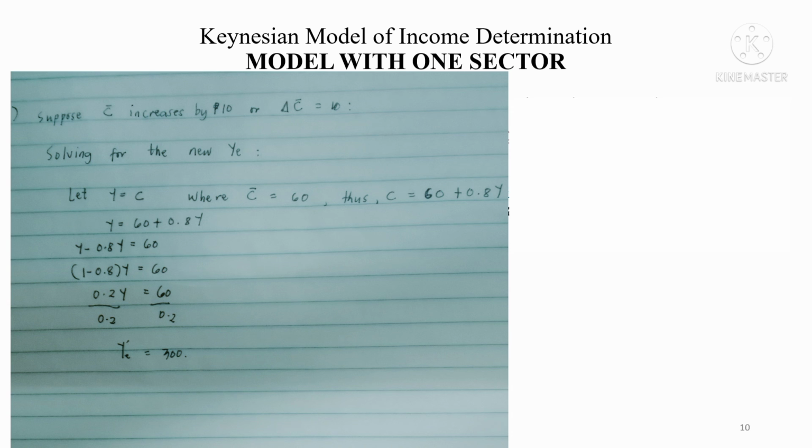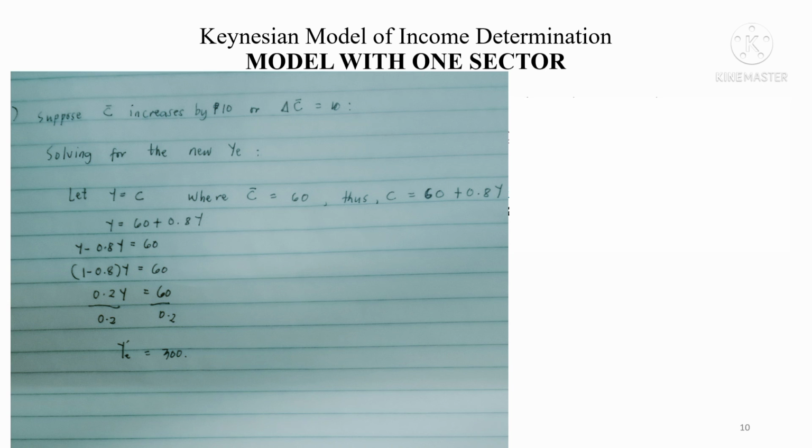Then the same process as before. So the new equilibrium is now 300 pesos. This means the equilibrium level of income has increased by 50 pesos. Right? From 250, it is now 300.